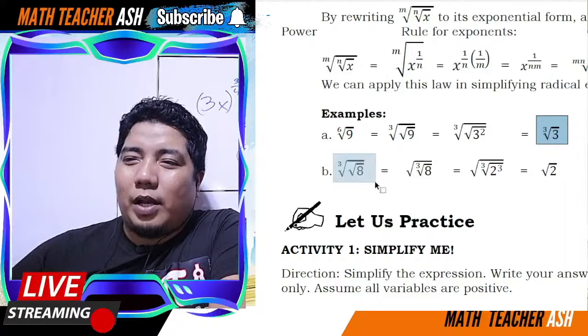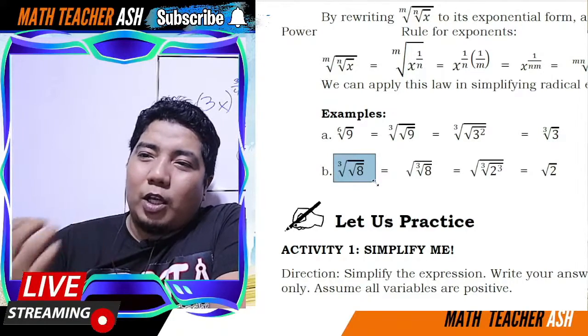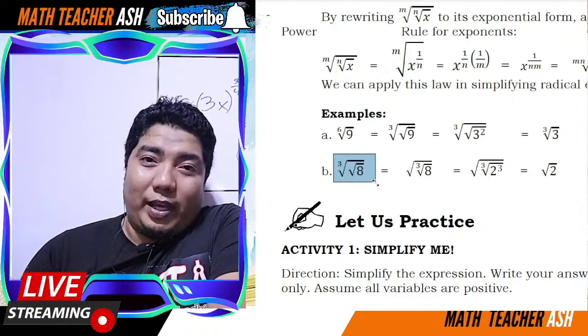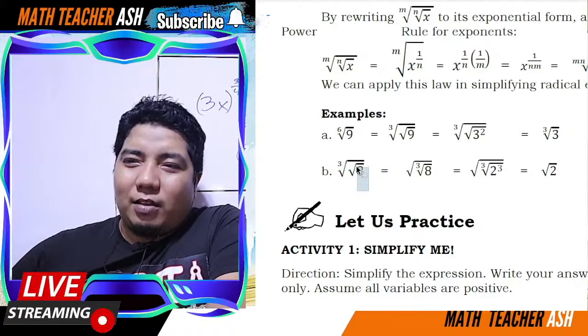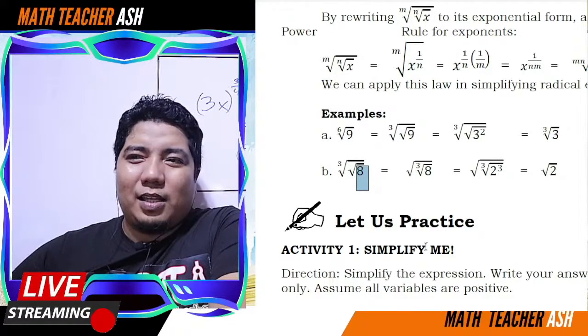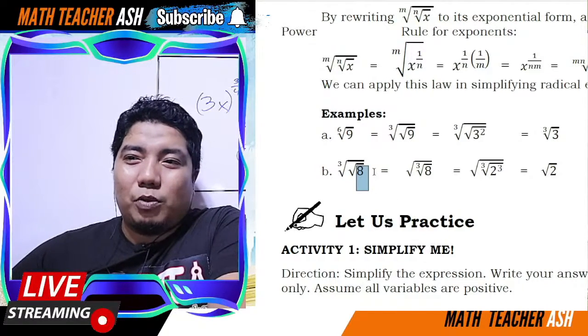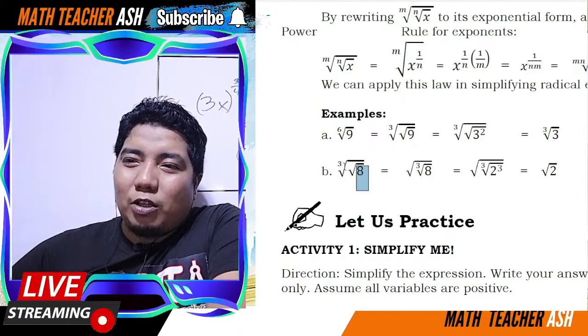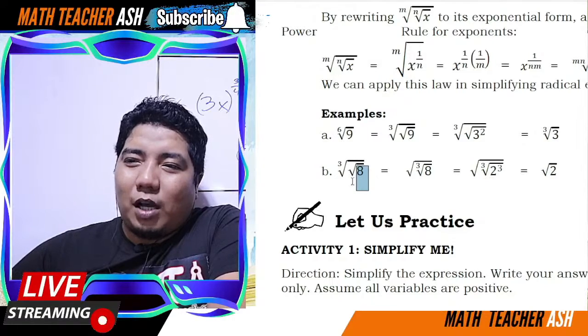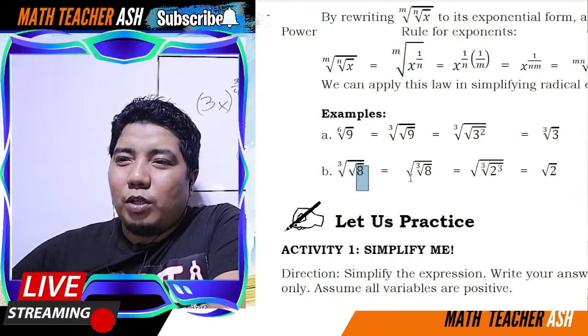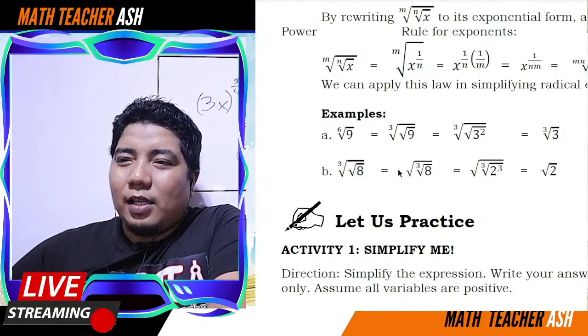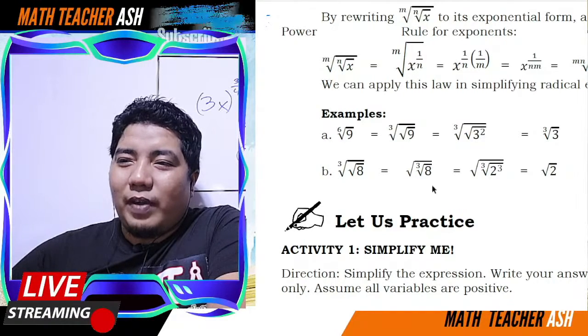Okay, how about this one? So, we have here the cube root of the square root of 8. Now, check 8. What can you say about 8? Is it a perfect square or a perfect cube? Okay, it is a perfect cube. So, therefore, pwede mong i-interchange si cube root dito at si square root dito. So, therefore, this will be written as the square root of the cube root of 8.